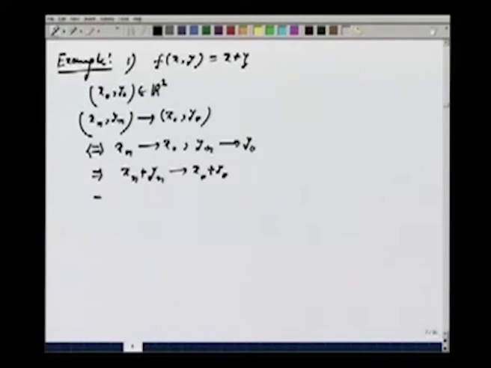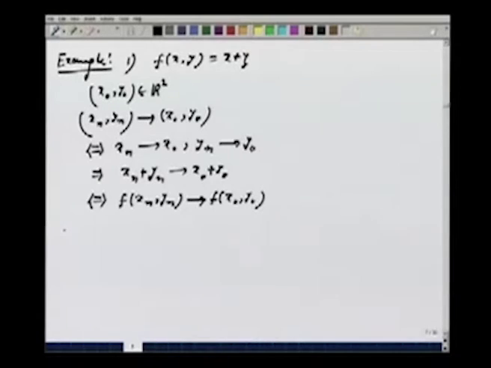But then by the definition of the function, it just means that f of (xn, yn), which is defined as xn plus yn, converges to f of (x0, y0). So this is by one criterion.